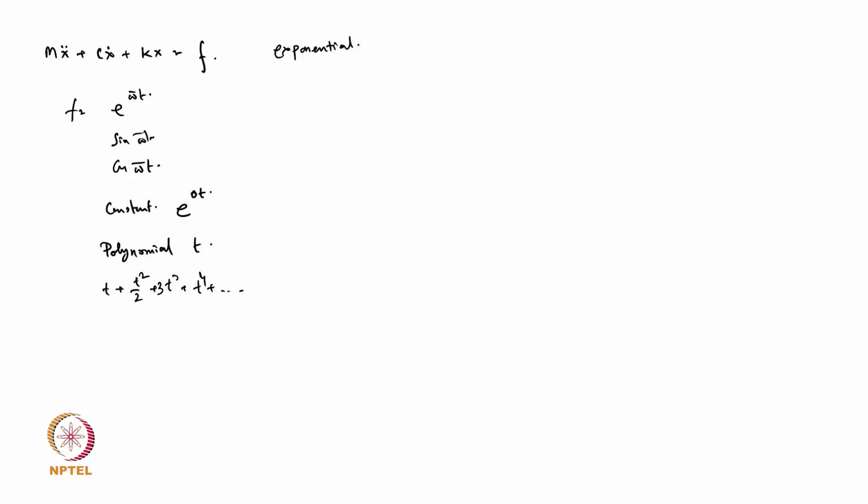So if the function is exponential, for example, maybe we are having (D square plus 3D plus 4) x equal to e to the power omega bar t. In that case, we can write xp equal to e to the power omega bar t divided by omega bar square plus 3 omega bar plus 4.